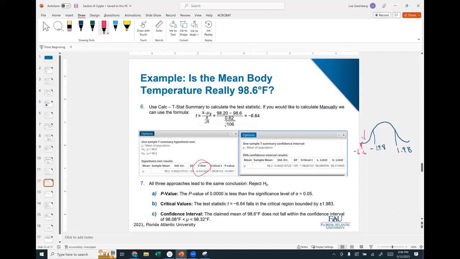So it is in the rejection region. They all say the same thing.